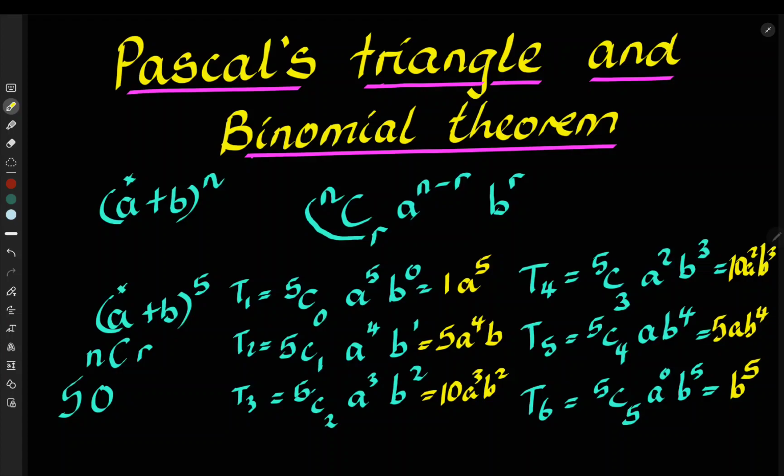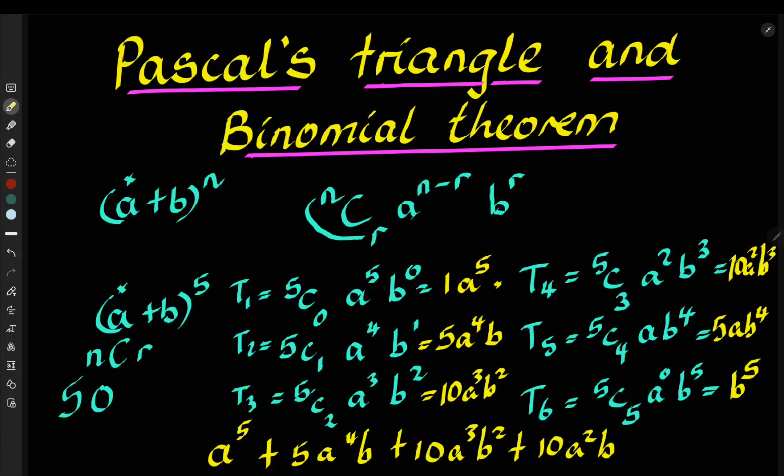So then you just go ahead and write down the terms: a to the power 5 plus 5 a to the power 4 b plus 10 a cubed b squared, plus 10 a squared b cubed plus 5 a b to the power 4, then plus b to the power 5.